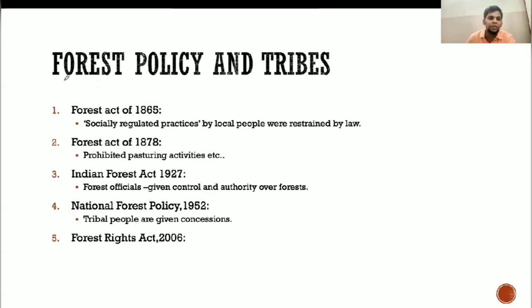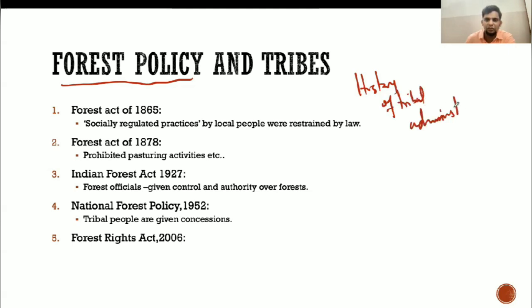Another important portion in your answer on tribal India is the history of tribal administration, and the history of tribal or even forest policies.